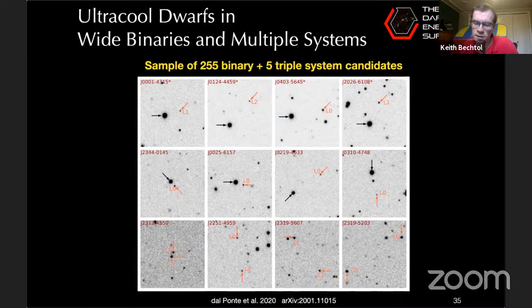So again, this is an exciting study. Many of these multiple and binary systems have larger separations, on the order of 5,000 to 10,000 AU, which is larger than other studies. So it's really a unique and interesting sample for this work.